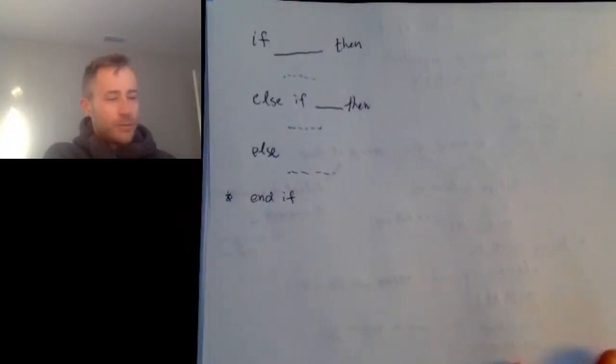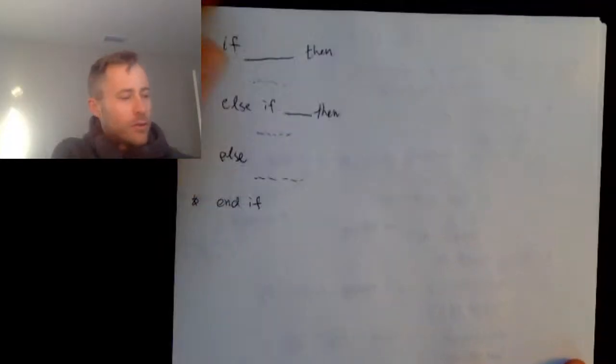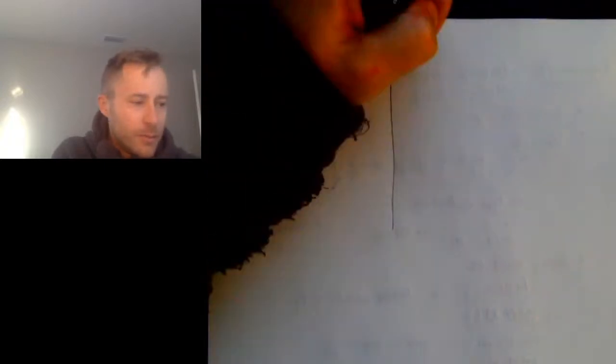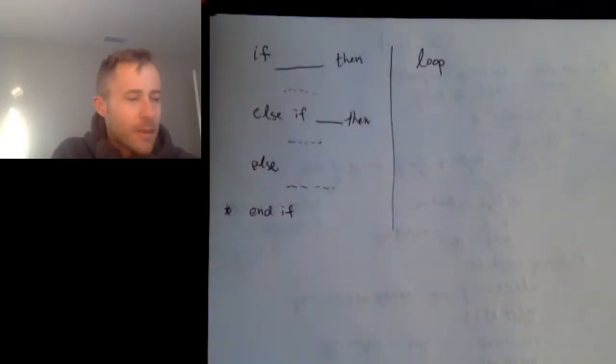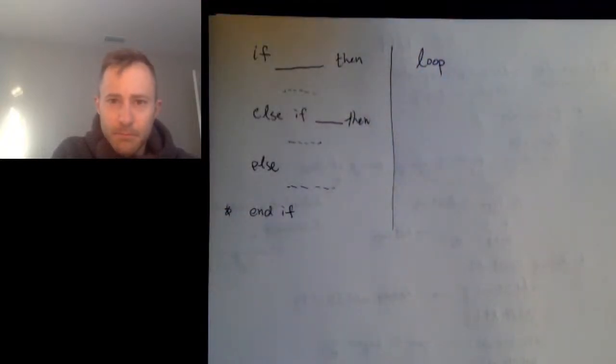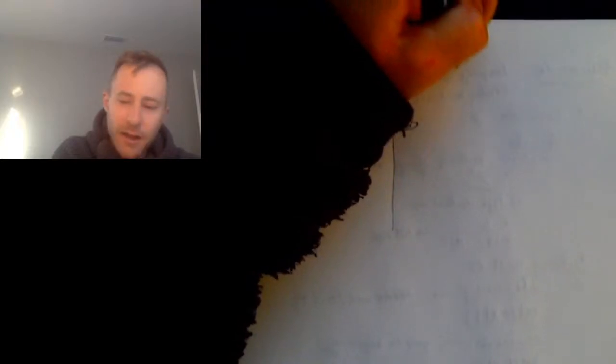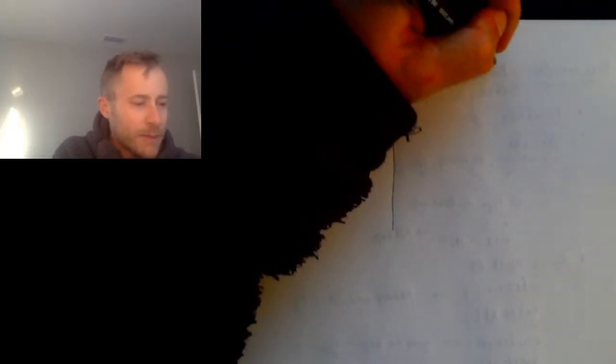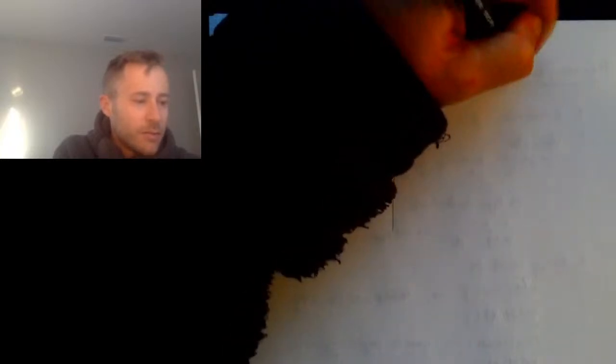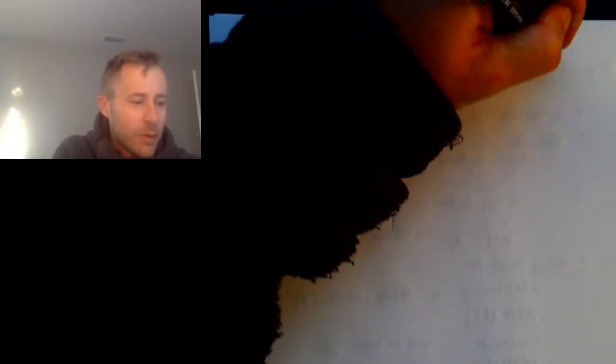You can do loops. For a for loop, you would say loop n from 0 to 47.